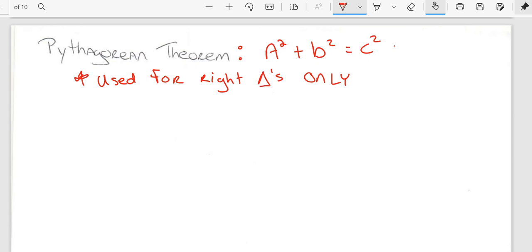And we use it to find the length of missing sides.